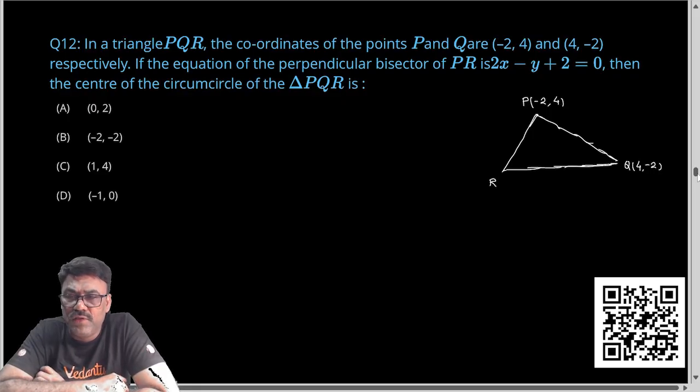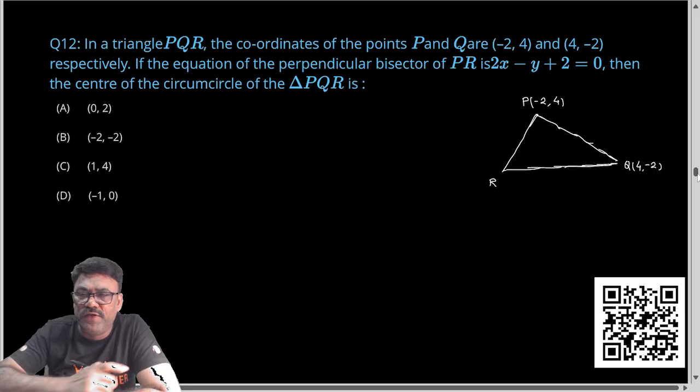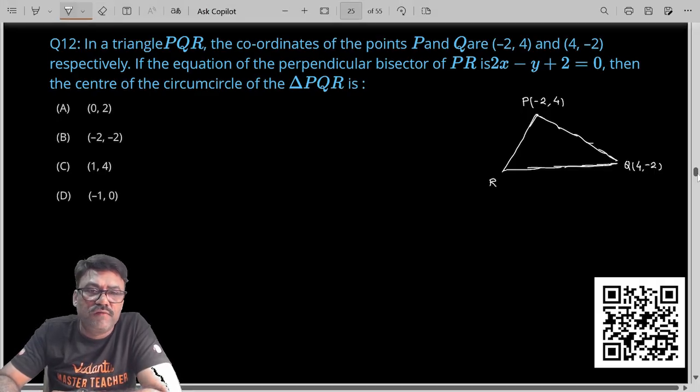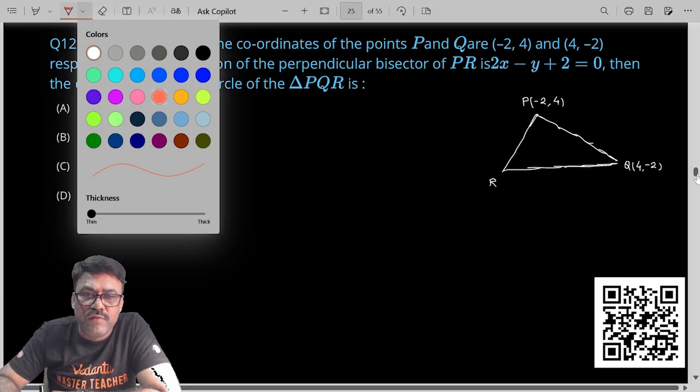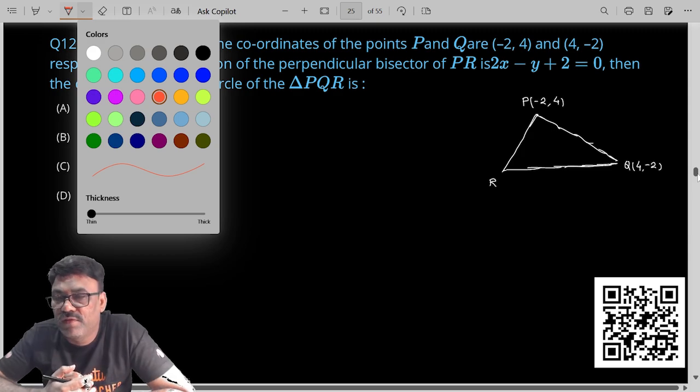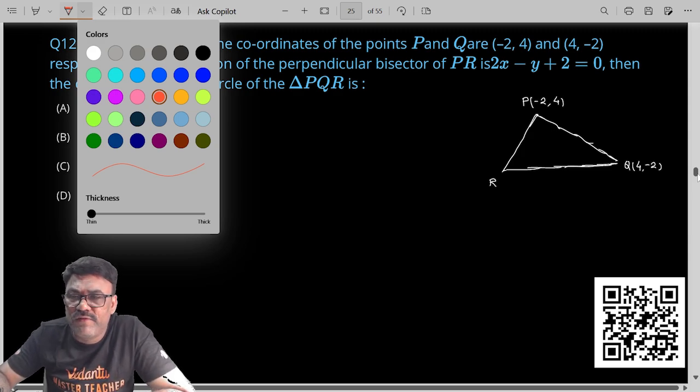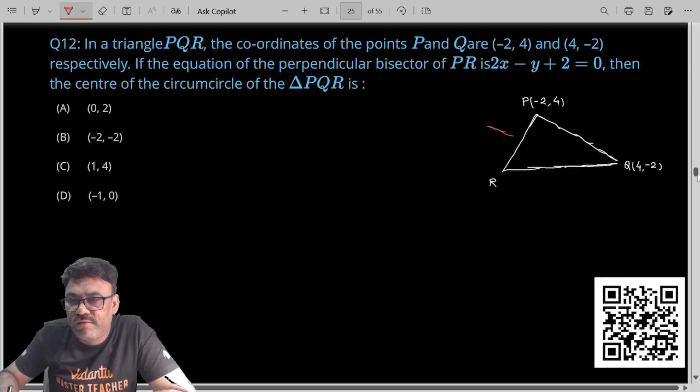Circumcenter is the point where the perpendicular bisectors of the sides meet. And the perpendicular bisector of PR is already given. It is the line which is perpendicular to PR and bisecting PR: 2x minus y plus 2 equals 0.